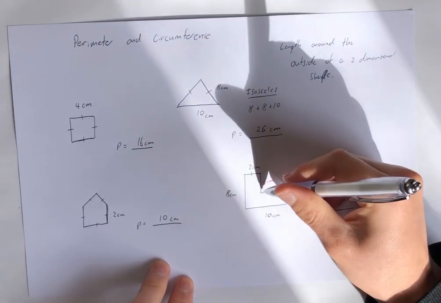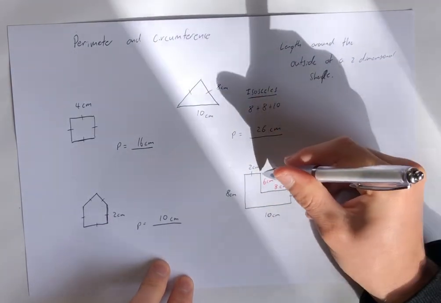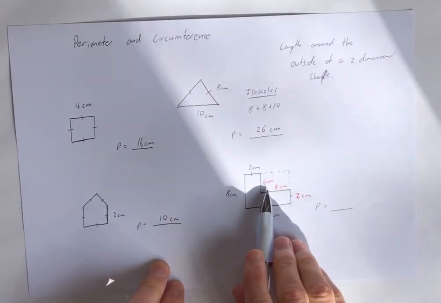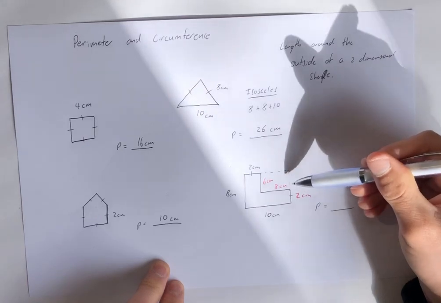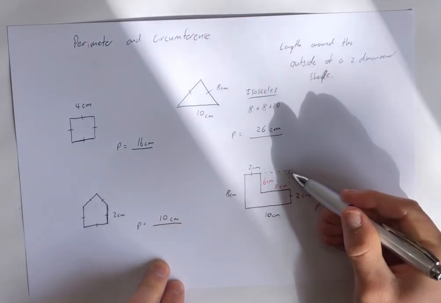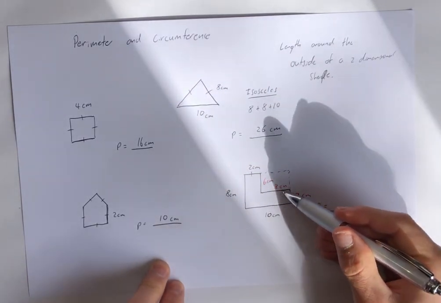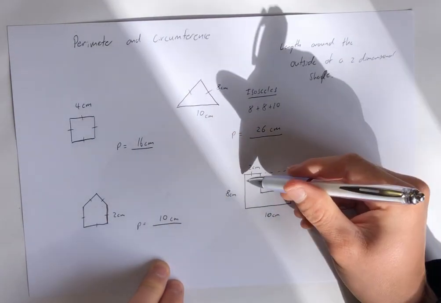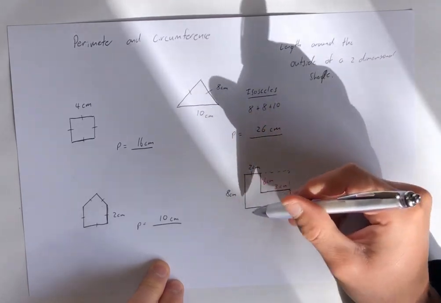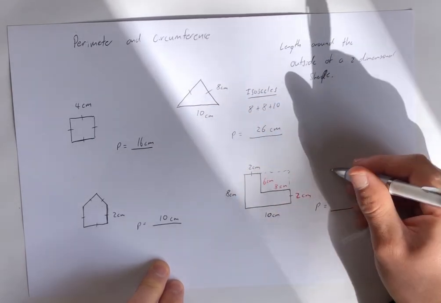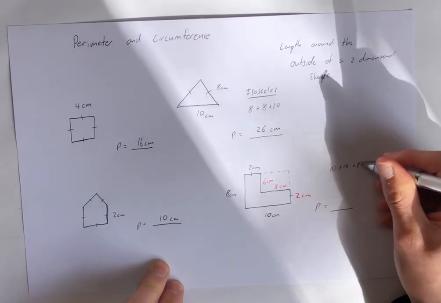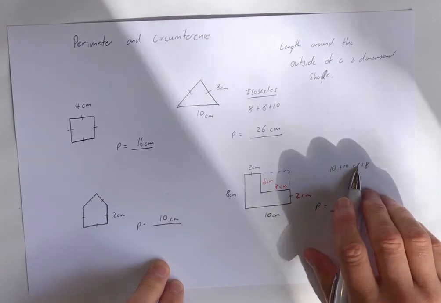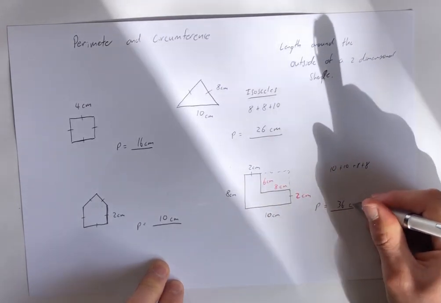A little trick is if you were to pull this corner up here, it would still have the same perimeter, wouldn't it? You'd still have 8 and you'd still have 6, and it would be just a big rectangle. So pulling this corner down and inside here would still maintain the same perimeter as if it was 8, 8, 10, and 10. So 10 and 10 plus 8 and 8 would give you the entire perimeter: 36 centimeters.